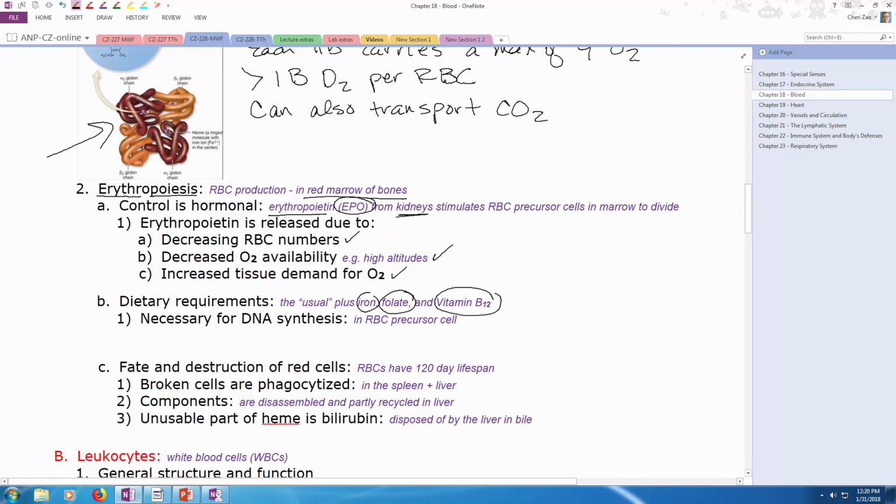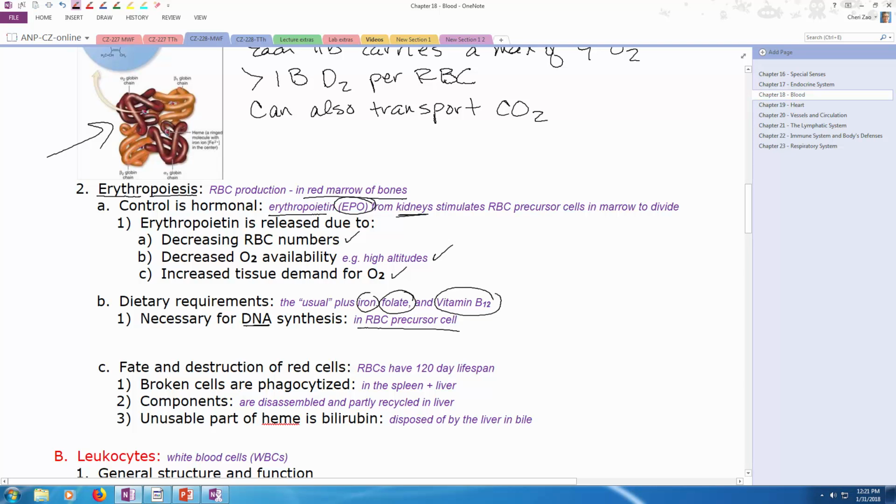This is important because, as our notes say, it's necessary for the DNA synthesis of the red blood precursor cell. Remember, there is a cell with a nucleus that is the precursor to red blood cells. It will divide, and before that red blood cell is ready to go out into your bloodstream, it will have the nucleus extruded before it actually leaves your bone marrow. So you need all of these things.